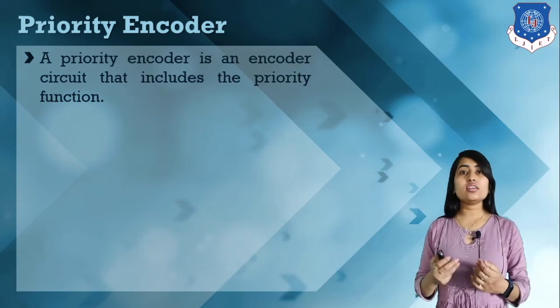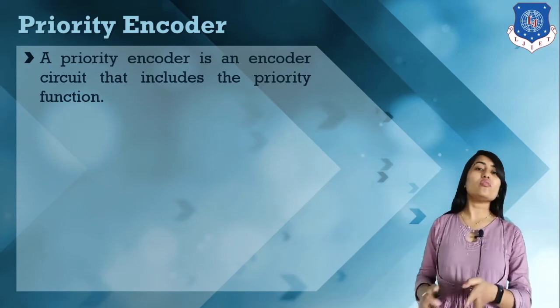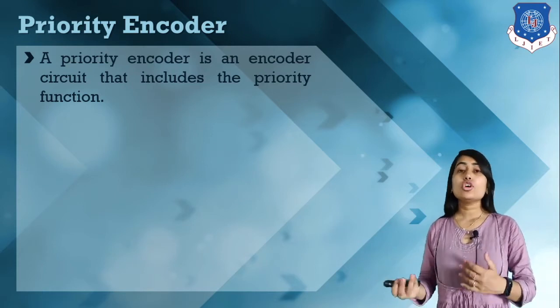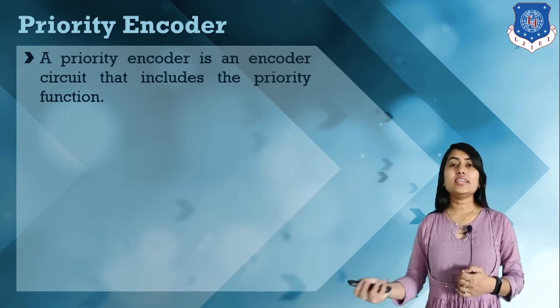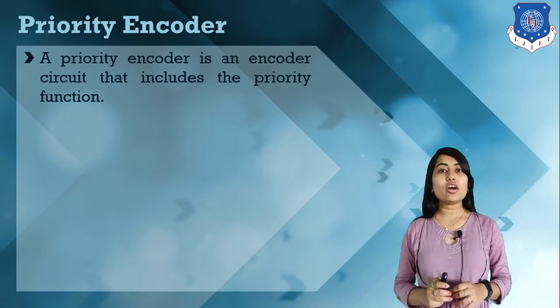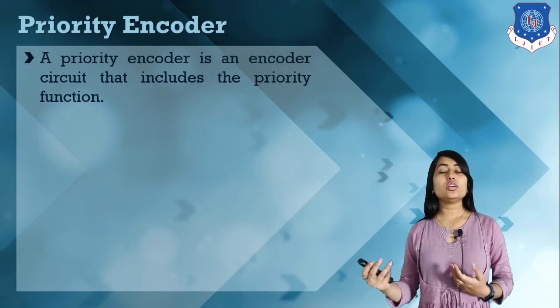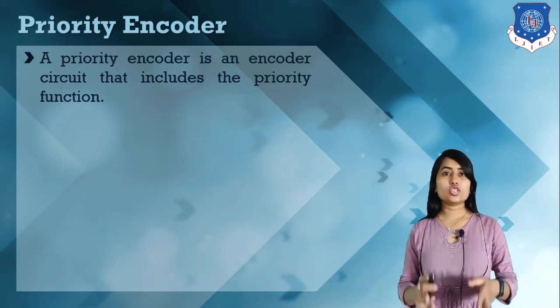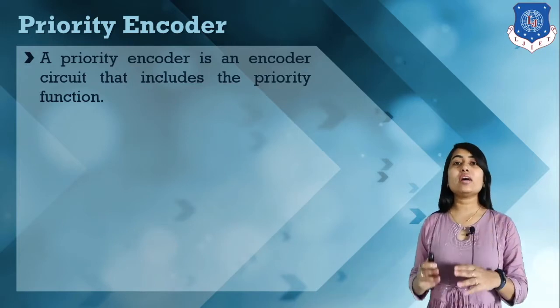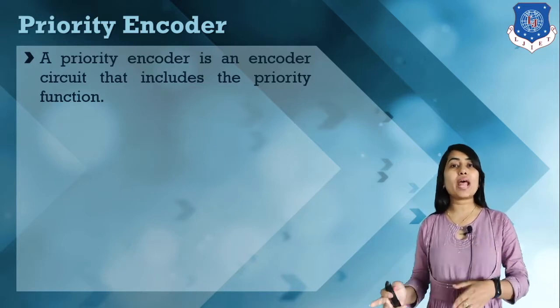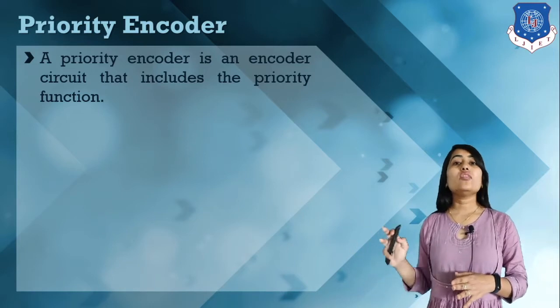So how can we define the output? In a priority encoder, we have an output according to the priorities. Whenever two or more inputs are high at a time, we have our output functions according to the priorities.